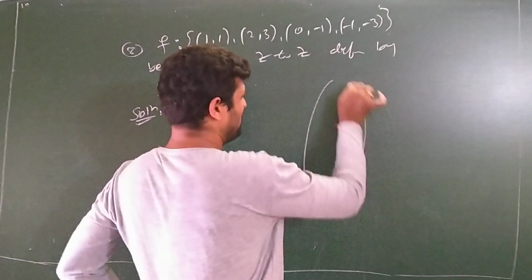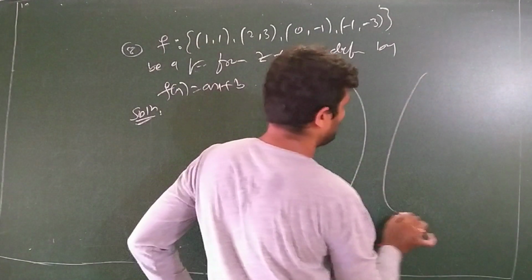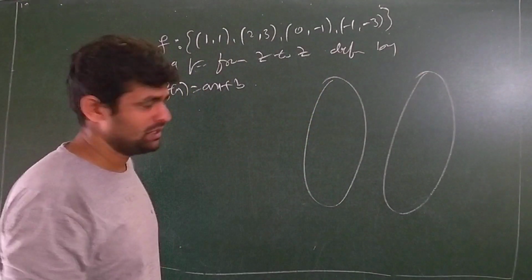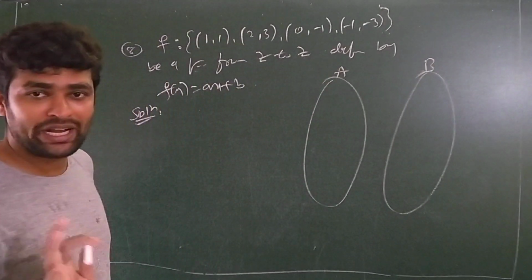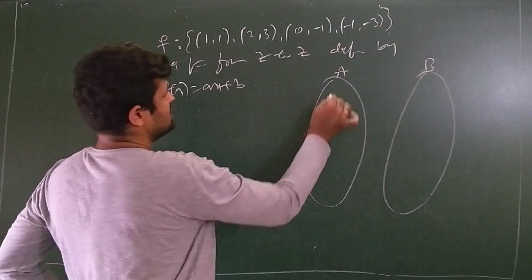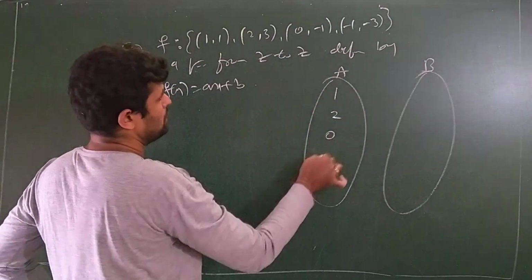First draw the domain box and the codomain box. First is domain 1, 2, 0, minus 1.